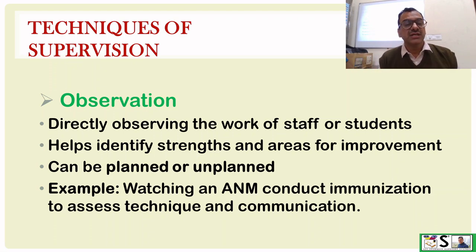This technique helps to identify the strengths and the areas of improvement. Because we are directly observing, how he or she is performing the activity, what are his strengths and what are her weaknesses, we can identify just by observing.